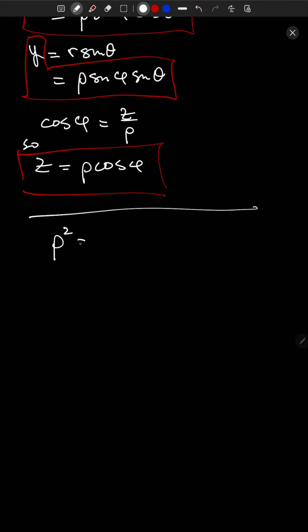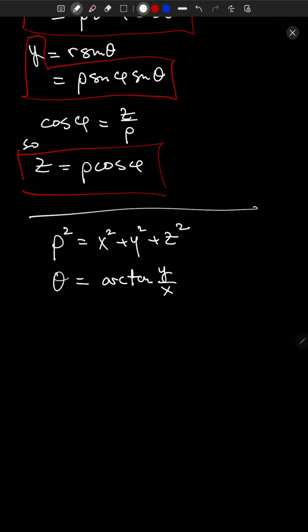We know rho squared is the distance to the origin, so x squared plus y squared plus z squared, and so rho is going to be the square root of that. Theta is the same theta from polar coordinates, so it's just arctangent y over x. And again, if you can't remember this, you can always reproduce it from trig.